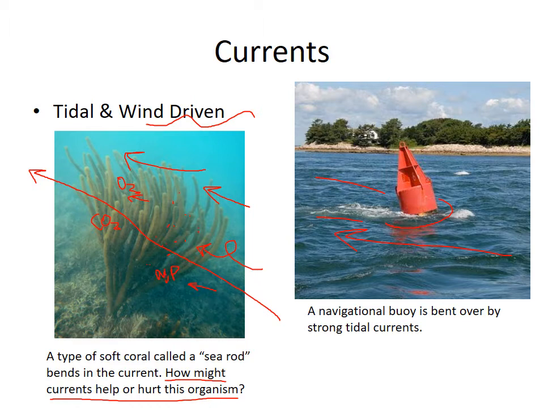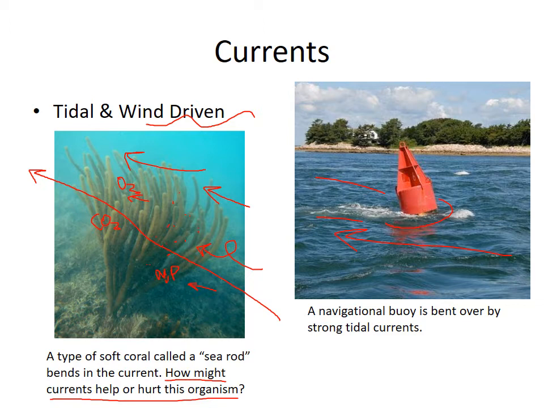So the coral can't eat nutrients directly, but there are symbiotic algae in the coral that use those inorganic forms of nutrients, and so having those nutrients brought in by the current could help the symbiotic algae that are in the coral grow.